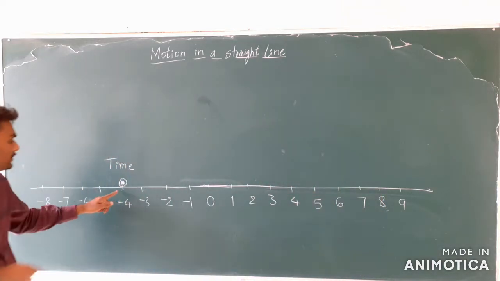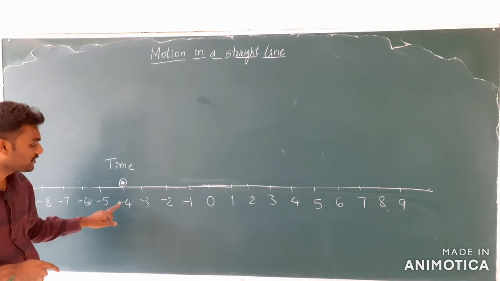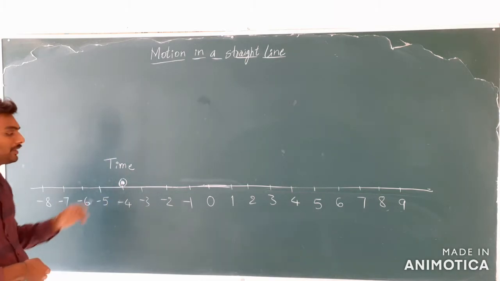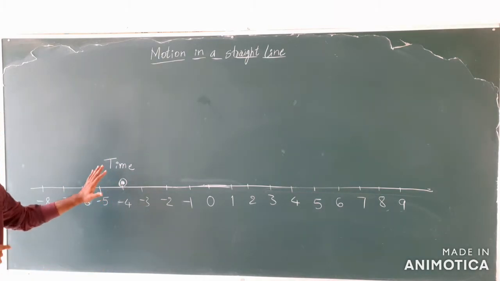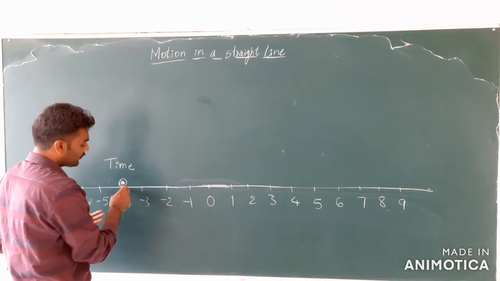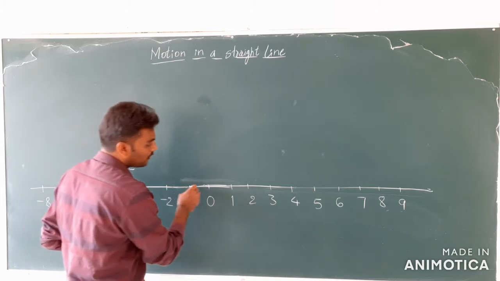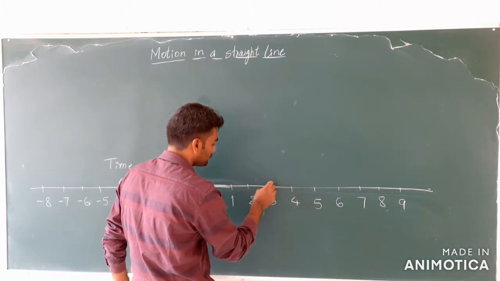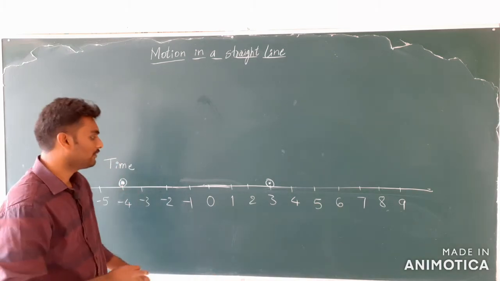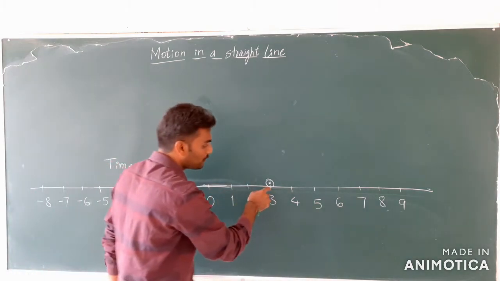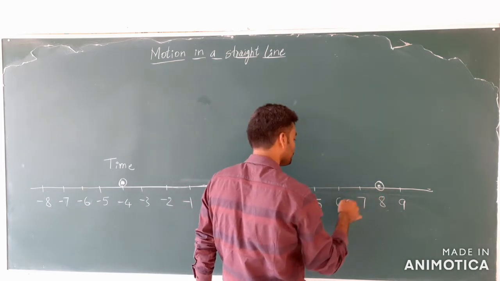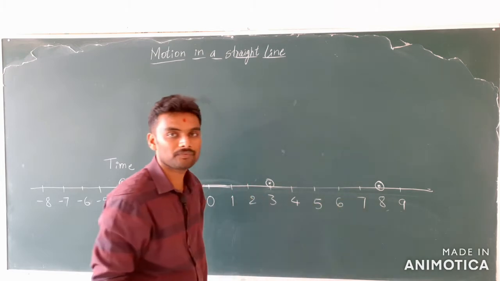So now a body is at a certain position, -4, say at a certain time. We will not take the factor of time now. It takes a little time and starts to move from this point, and goes to say position 3, and it stops there for a while, and from 3 it again starts to move and goes to, say, position 8.